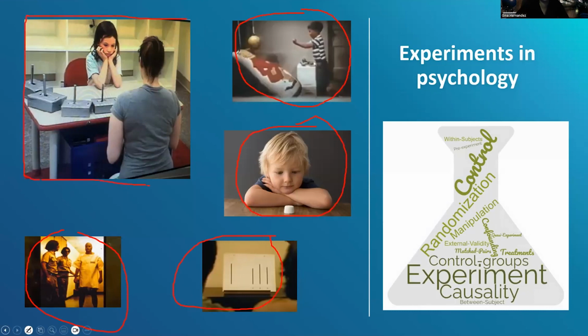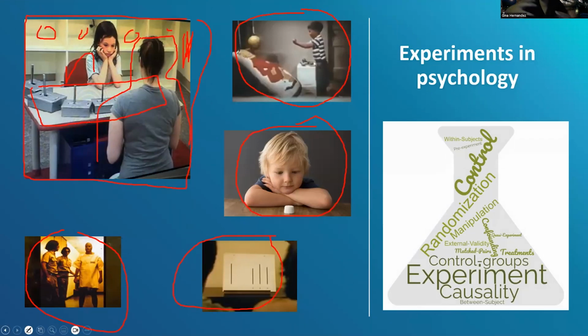As you can see here, for example, there are no colors on the walls. There are no toys here. It's an empty space. You only have a chair and a table. You can only see one person, the experimenter. Usually, in order to control for these variables, we often use the same experimenter for all the subjects.